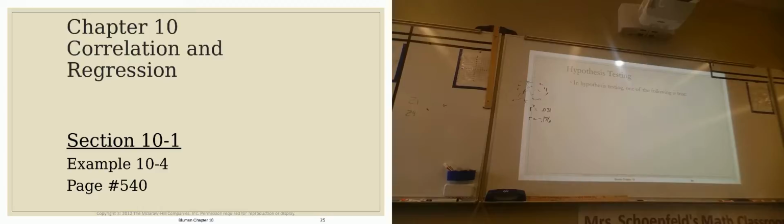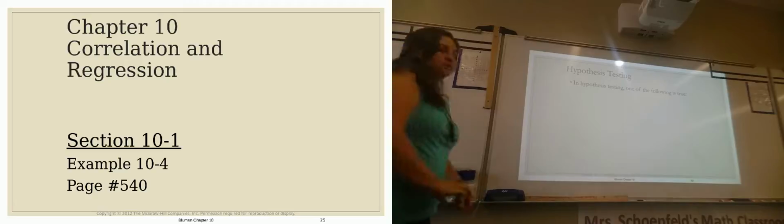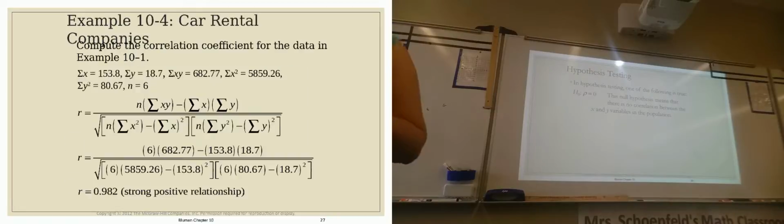Okay, so hypothesis testing for this stuff. You're going to say my null hypothesis, H0: rho equals 0. That would mean that there's no correlation. Let me skip forward on this one.